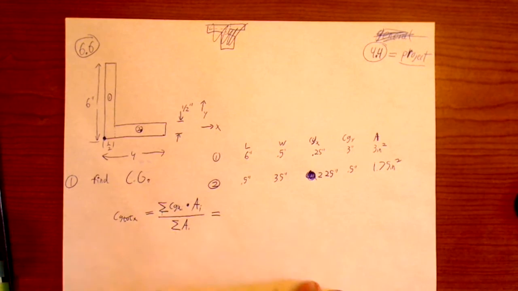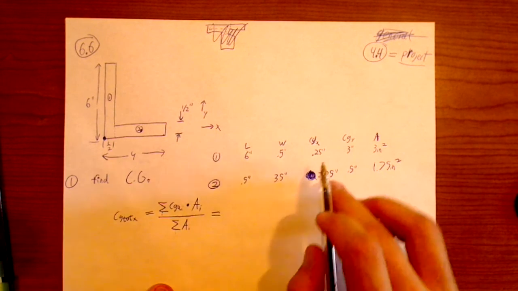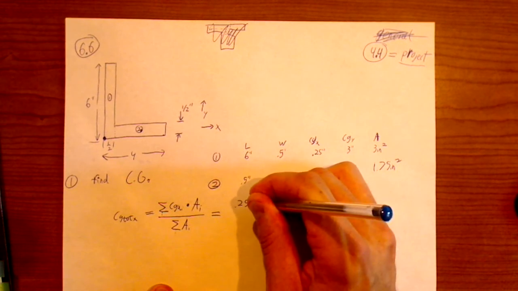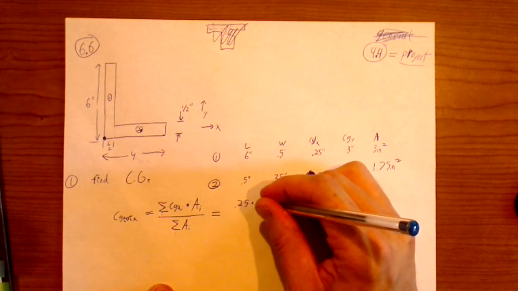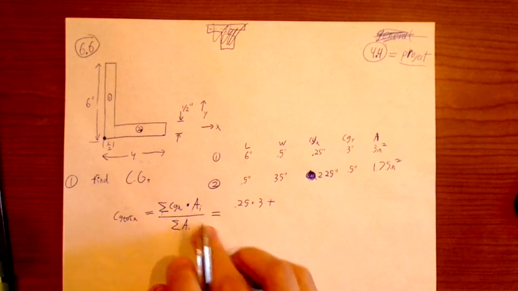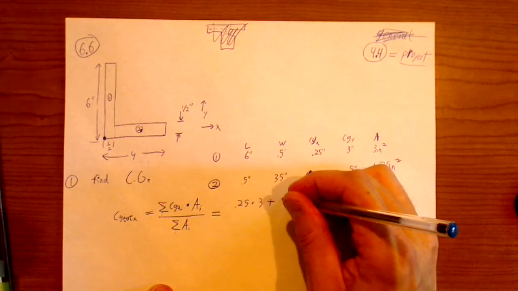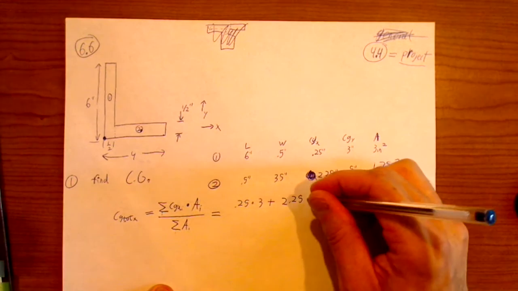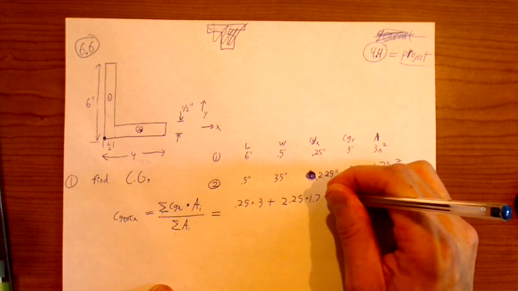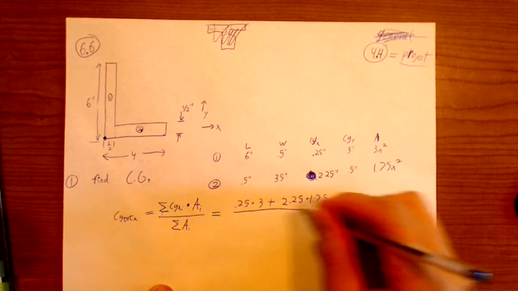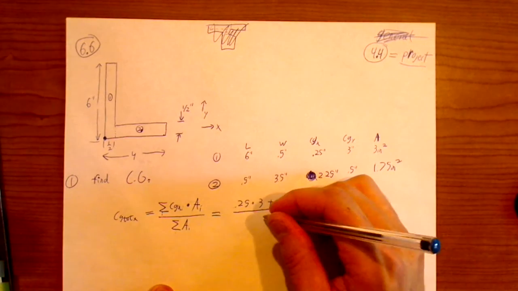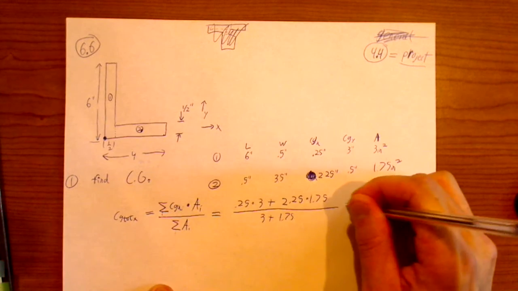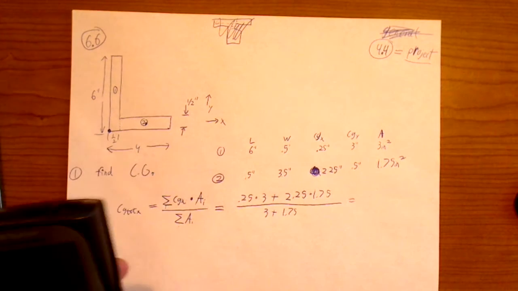So this works out to be, for the x direction, 0.25 times 3 plus 2.25 times 1.75, all that business divided by 3 plus 1.75. Handy old calculator.